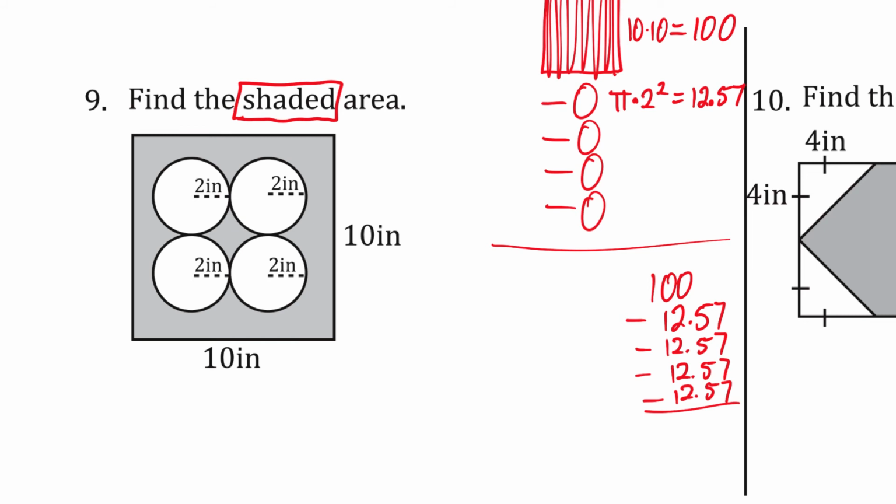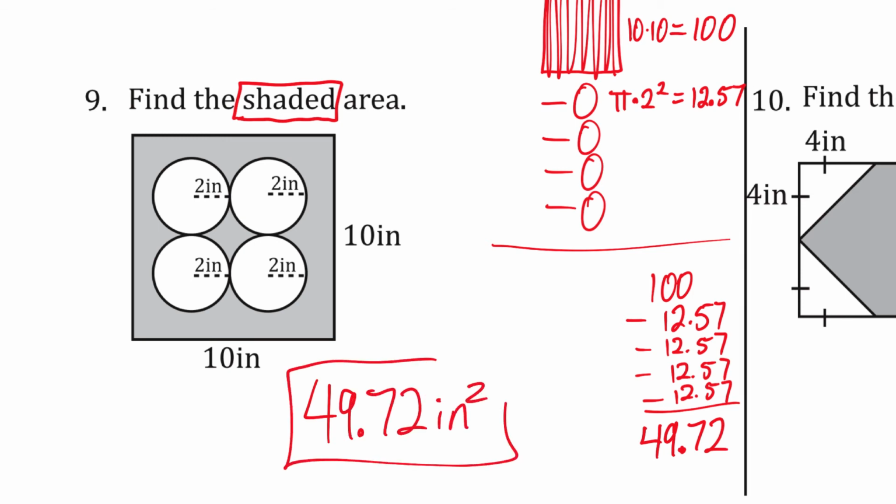And what does that give you? So our answer here is going to be 49.72 square inches. That's going to be the area of the shaded part.